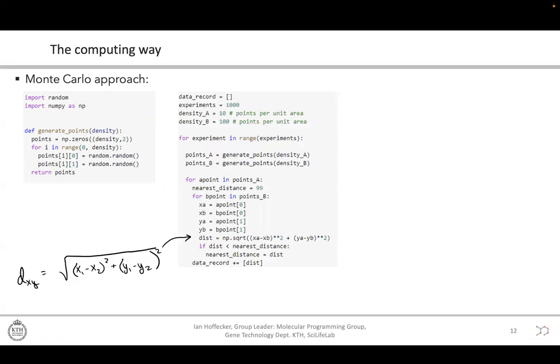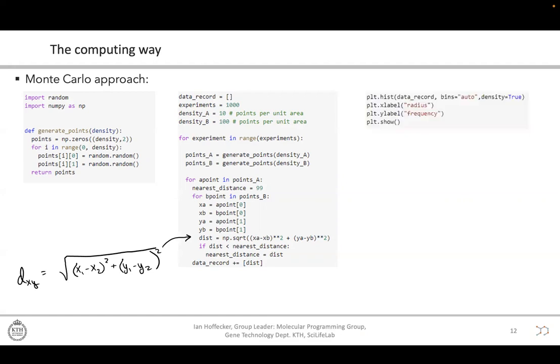Using classic Euclidean geometry, we can take any two points and compute the distance between them: x1 minus x2 squared plus y1 minus y2 squared, and the square root of that is the Euclidean distance for two points in 2D space.